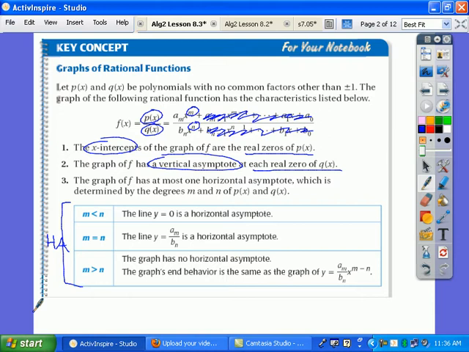In the first case, m less than n, this would be like a quadratic divided by a cubic, or a cubic divided by a quintic. So this would be m less than n, and the horizontal asymptote is the x-axis.